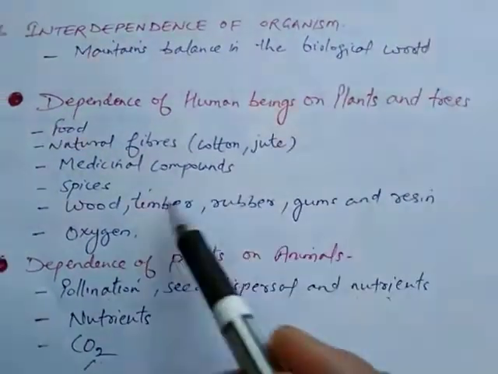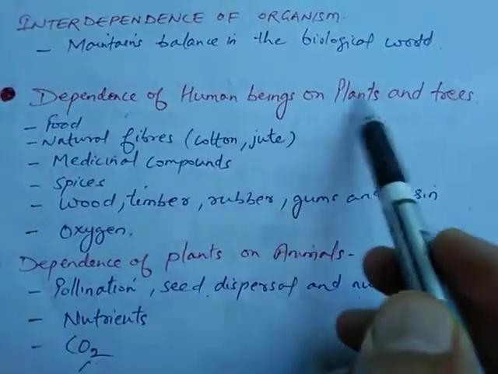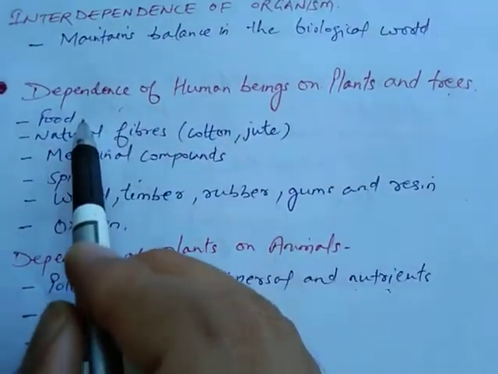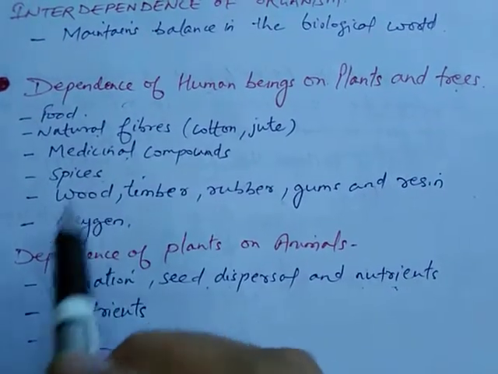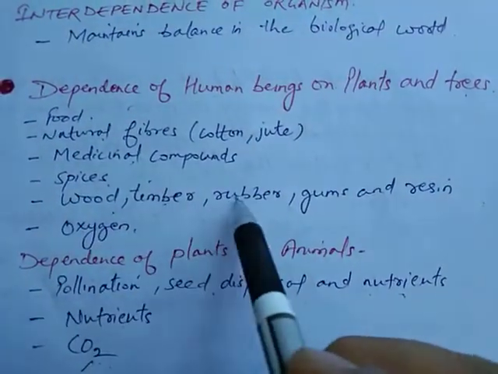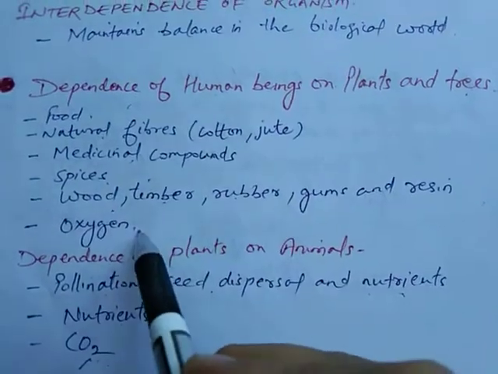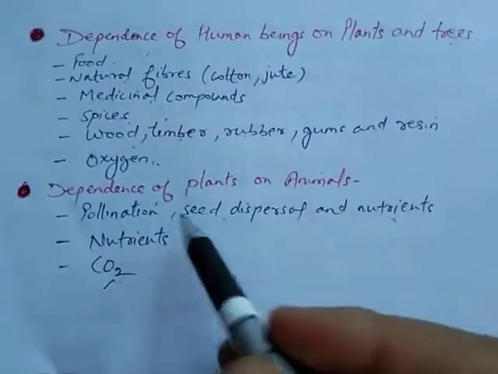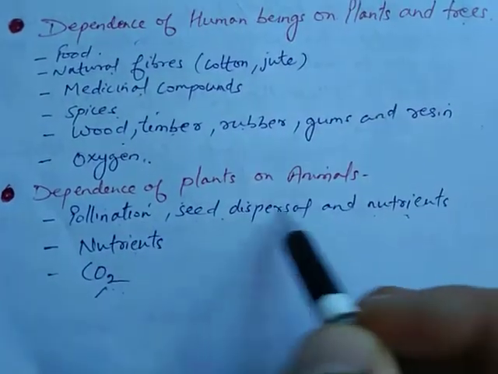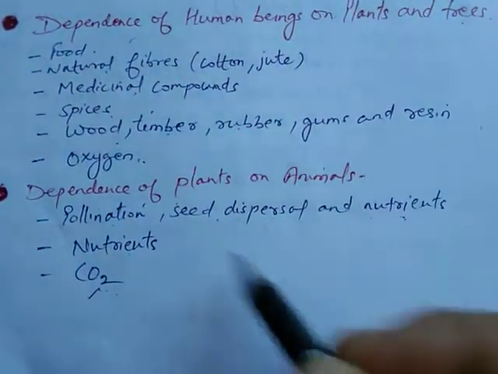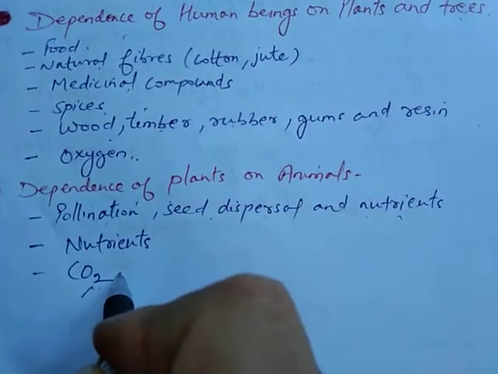Dependence of human beings on plants and trees, you can see, is for food, natural fibers, medicinal compounds, spices, wood, timber, rubber, gums and resin, and oxygen, most important. And plants depend on animals for pollination, seed dispersal and nutrients, and most important is carbon dioxide.